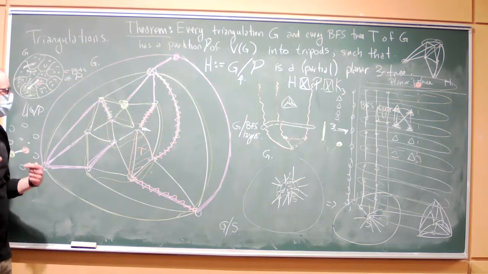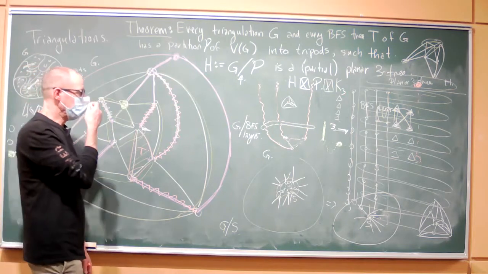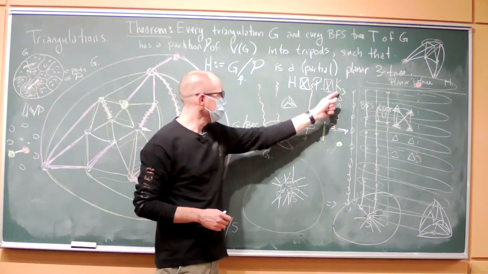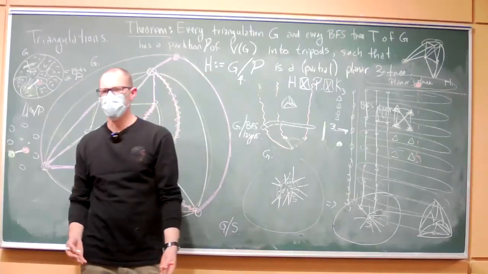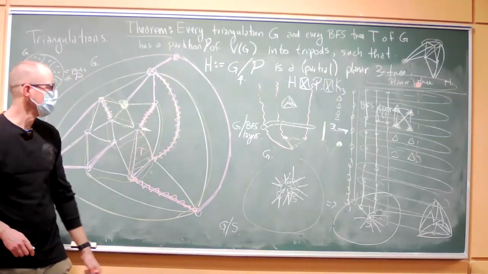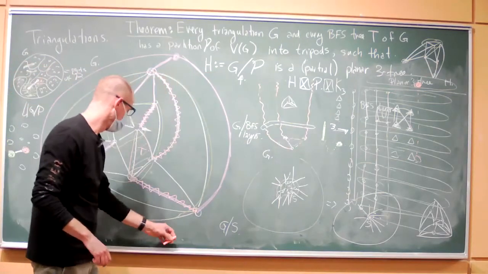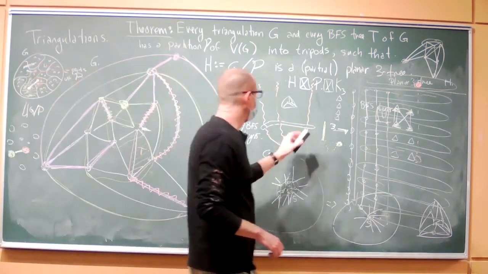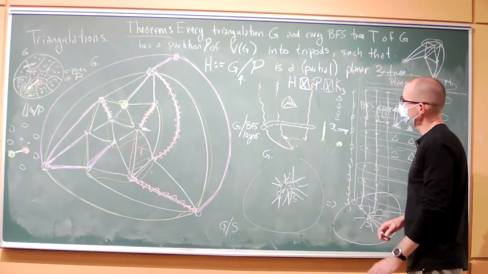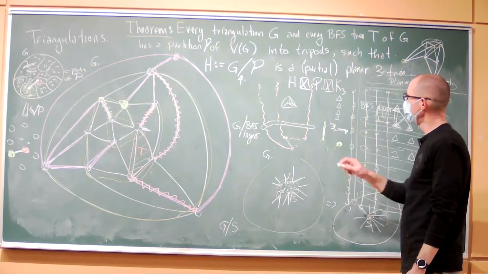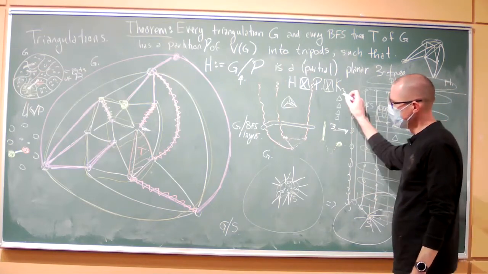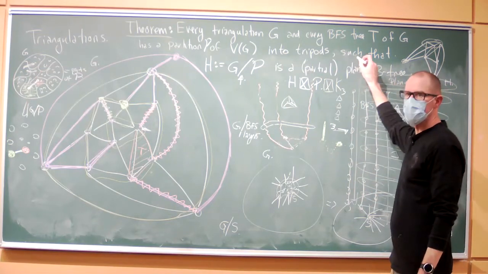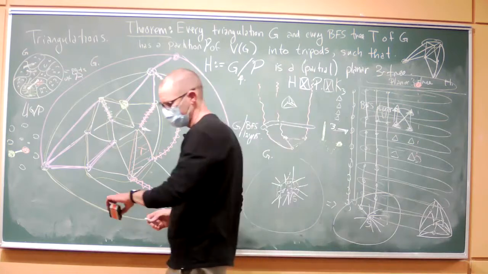So if you can manage to break your problem down into solving it for this, this, and this, then you can solve it for any planar graph. And these are somehow much simpler. And I'll present some applications of that next class. But for now, let's prove this theorem.